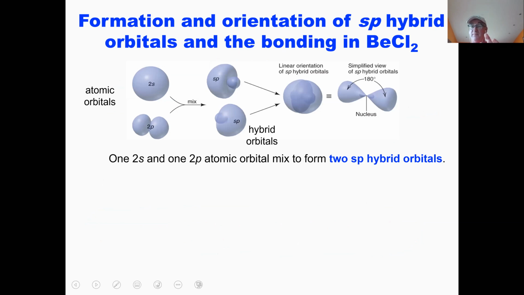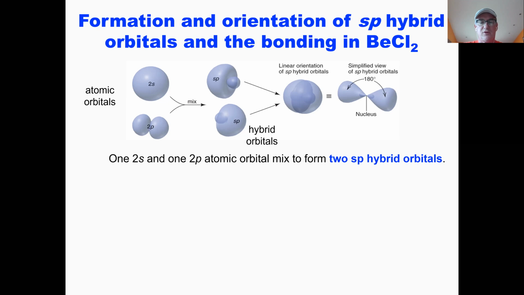So here we have beryllium chloride. Now, anyone remember how many valence electrons beryllium has? Have a quick look and see which group it's in. What group is beryllium in?